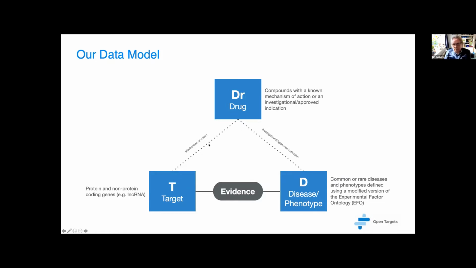And so we're trying to square this, or bring together this triangle of how does the evidence on the association of a target and disease lead to a drug? And can we use existing drug information to shed light on the success or the validity of the various evidence sources that we have?